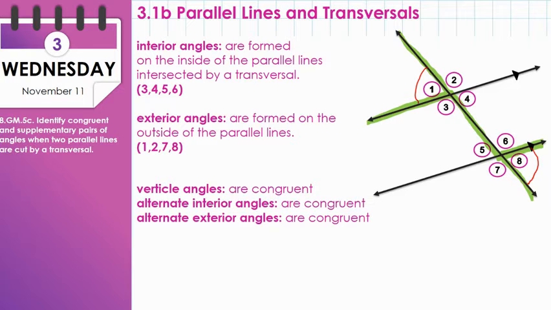They're not on the same side. They are alternating exterior. So angle 7 will be congruent to angle 2. And again, we would say angle 1 is congruent to angle 8. Angle 2 is congruent to angle 7.